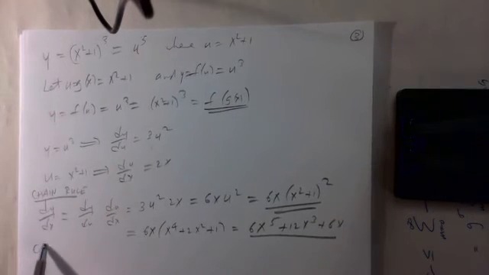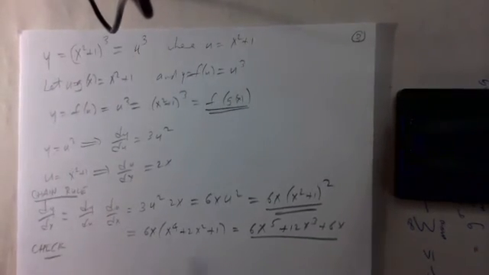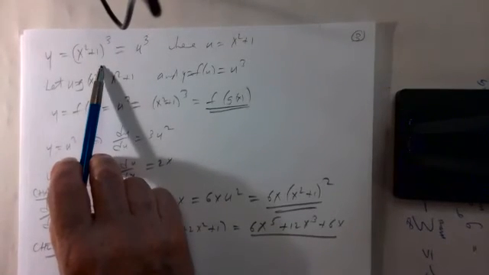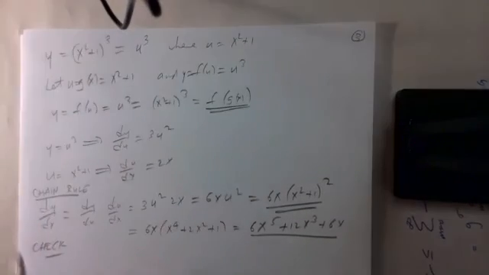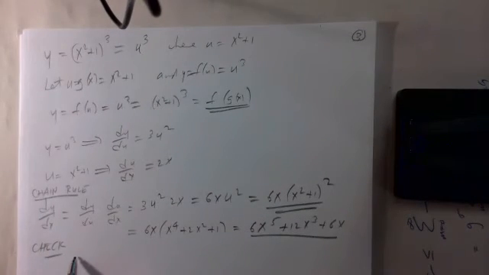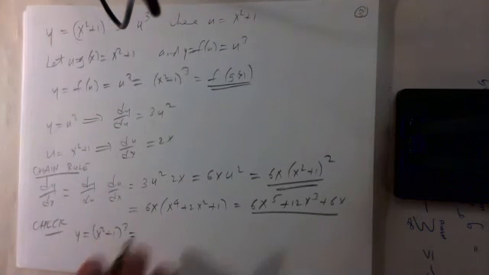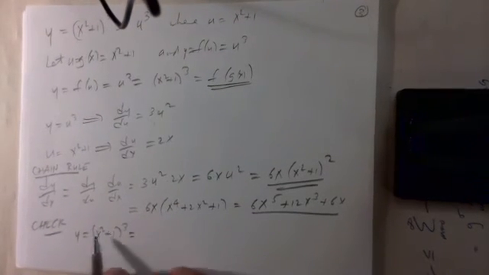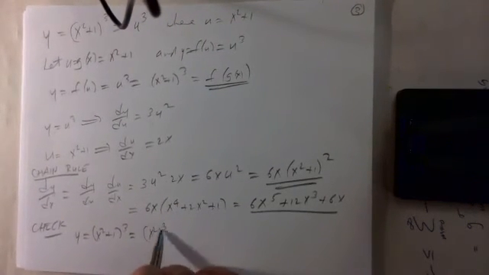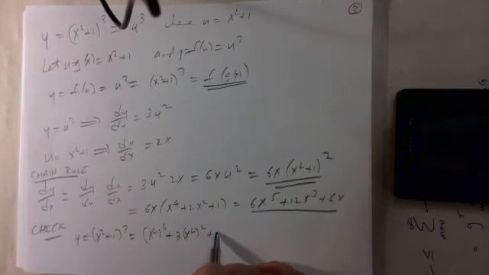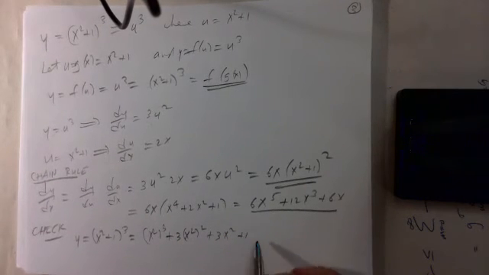Let's check. The reason we can check is that the function we started with is not that complicated. It's (x squared plus 1) cubed. So y, if we expand this, and we're supposed to know at this point how to cube something, this is (x squared) cubed plus 3(x squared) squared plus 3x squared plus 1.